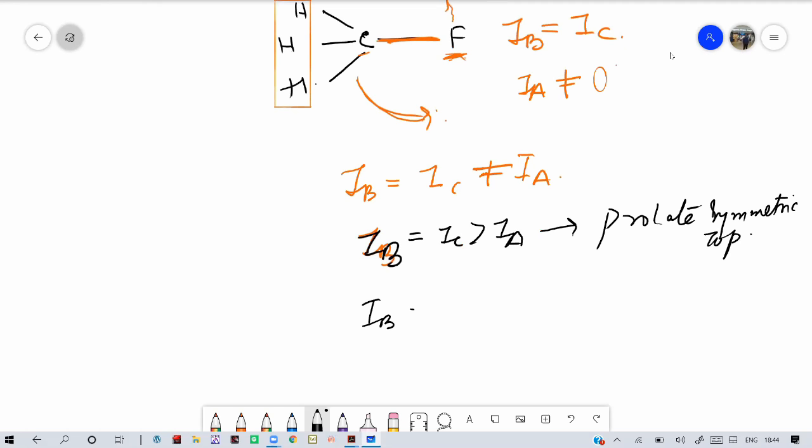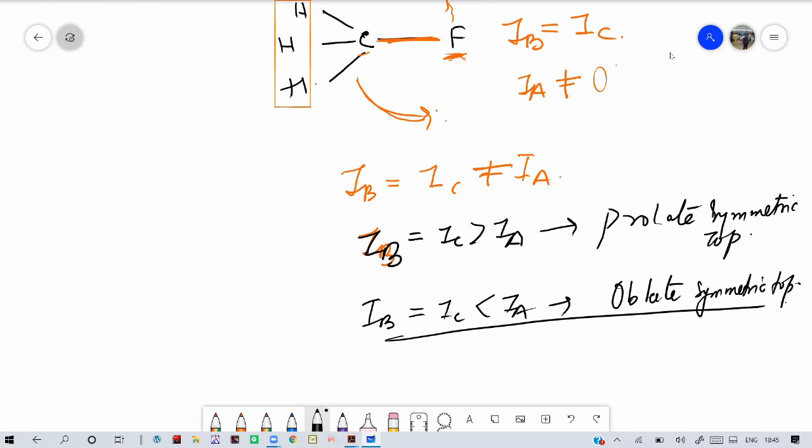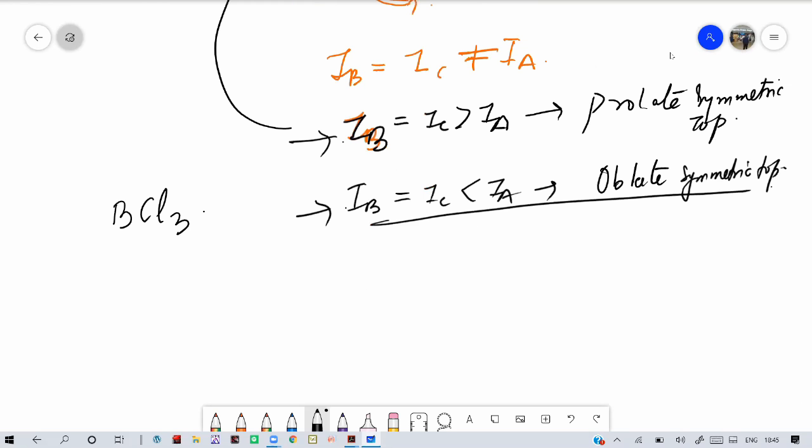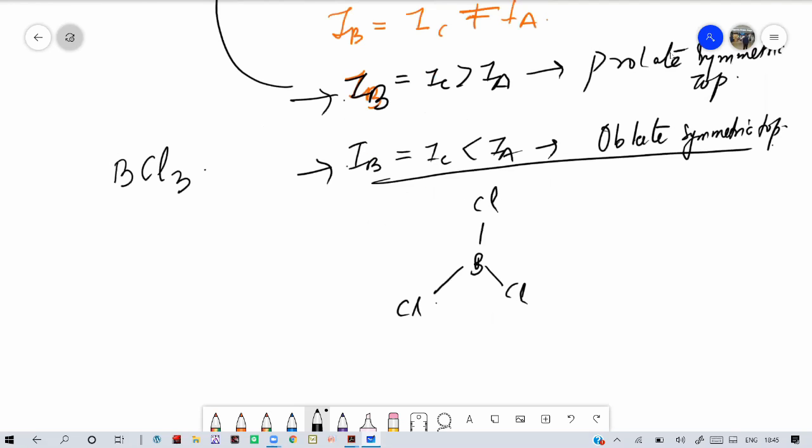And if IB equals IC and is less than IA, this is called oblate. Methyl fluoride is the prolate case, and for oblate an example is boron trichloride. The arrangement in this case is B, Cl, Cl, Cl. So this is a symmetric top.